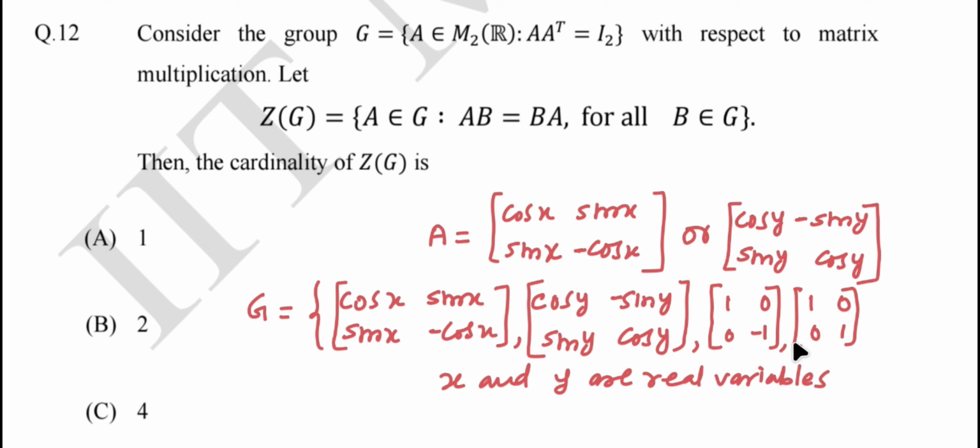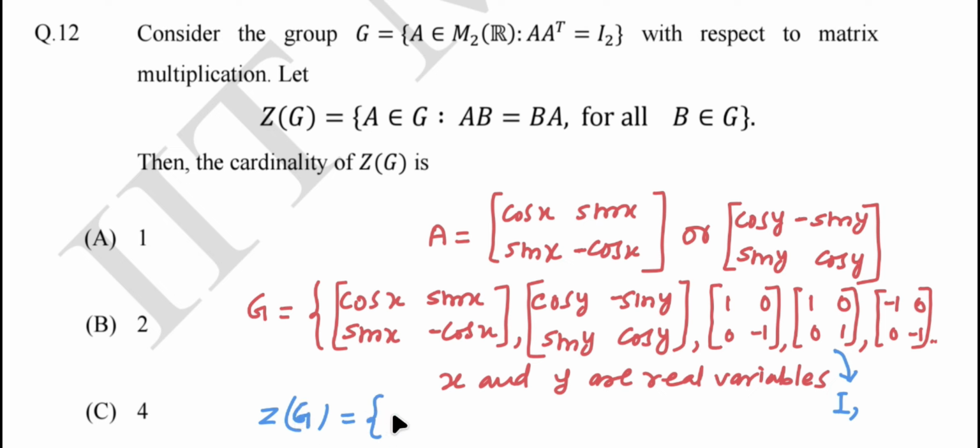You know, in any group there is an identity element. This is a universal truth. This is the identity element of G, and this identity element commutes with every element of G. So this will be in ZG, obviously, according to the condition given.